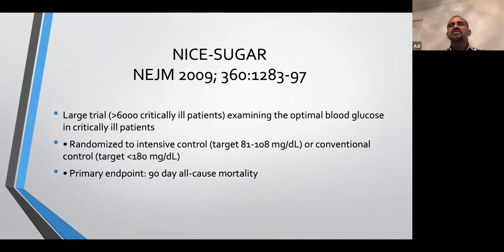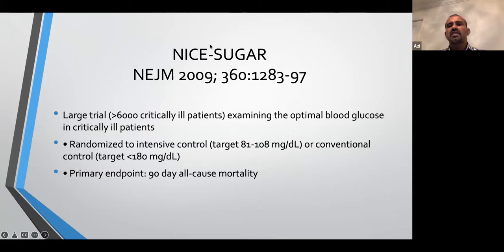There was a study called NICE-SUGAR. The target was 90-day all-cause mortality. The study was published in the New England Journal of Medicine in 2009.